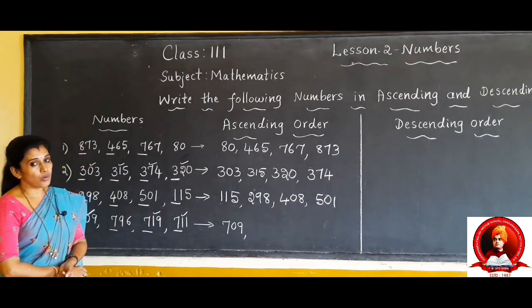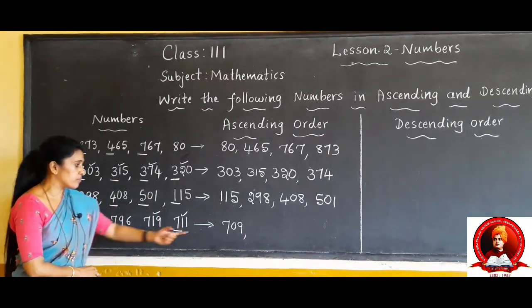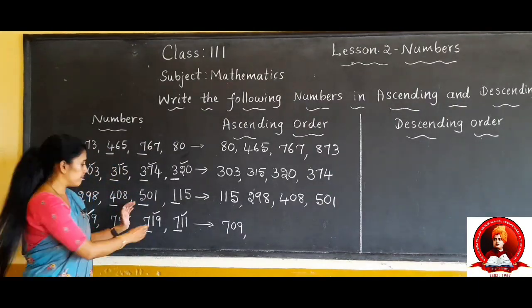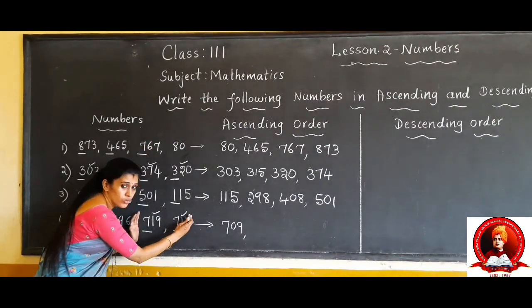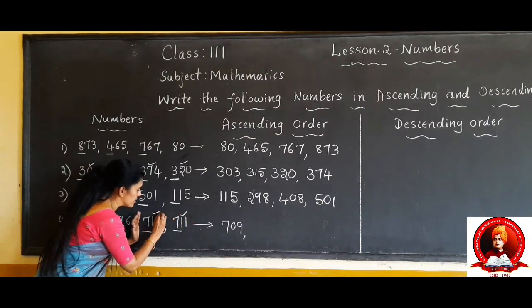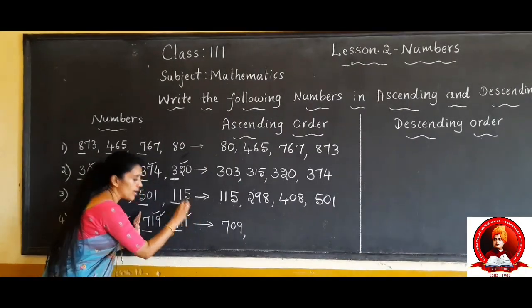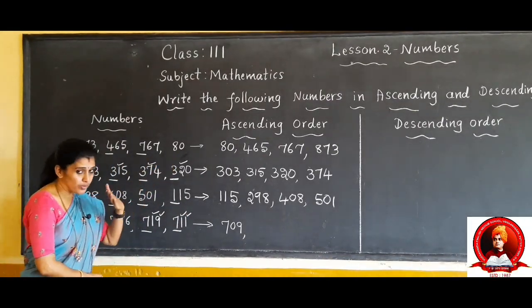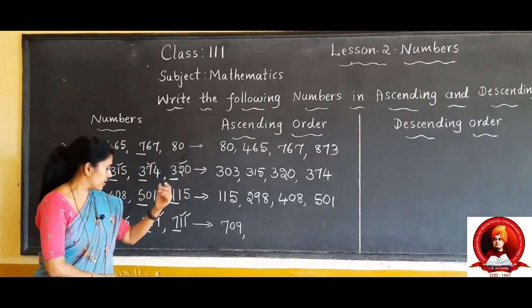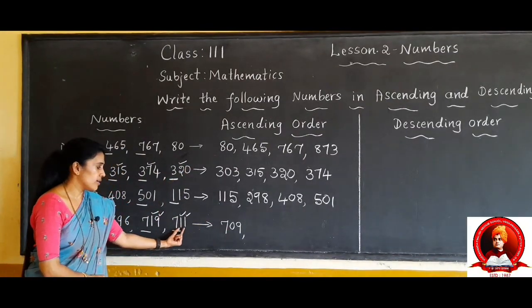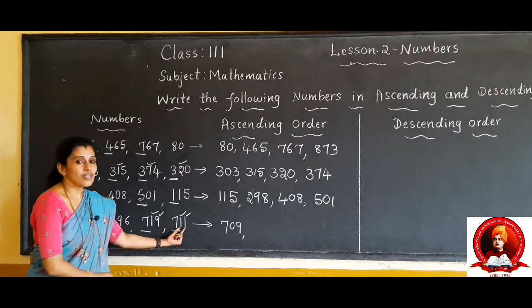So, what to do? How to consider which number we have to select here? In such cases, in these two numbers only you have to select. Then you have to move to the ones place. Here 9, here 1. So, which one you have to select? In ascending order you know that from the smallest to the greatest we have to write. So, after 709, next number 711.